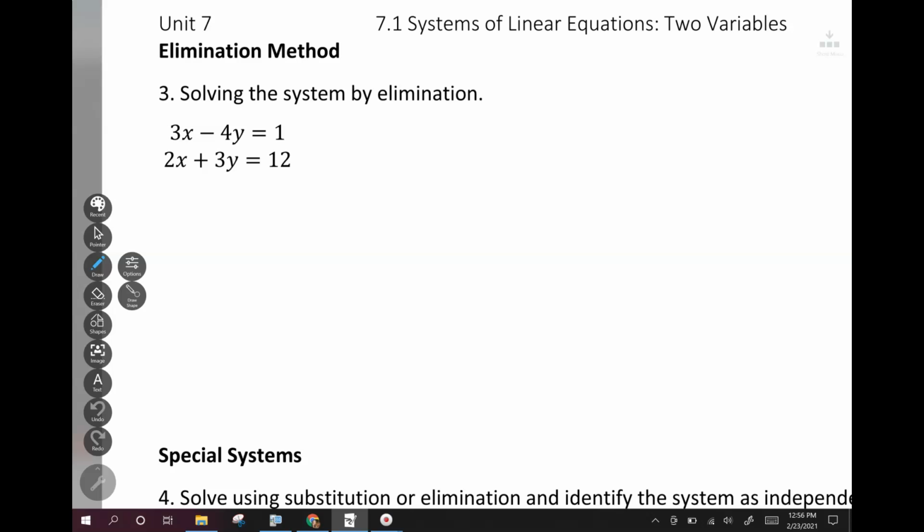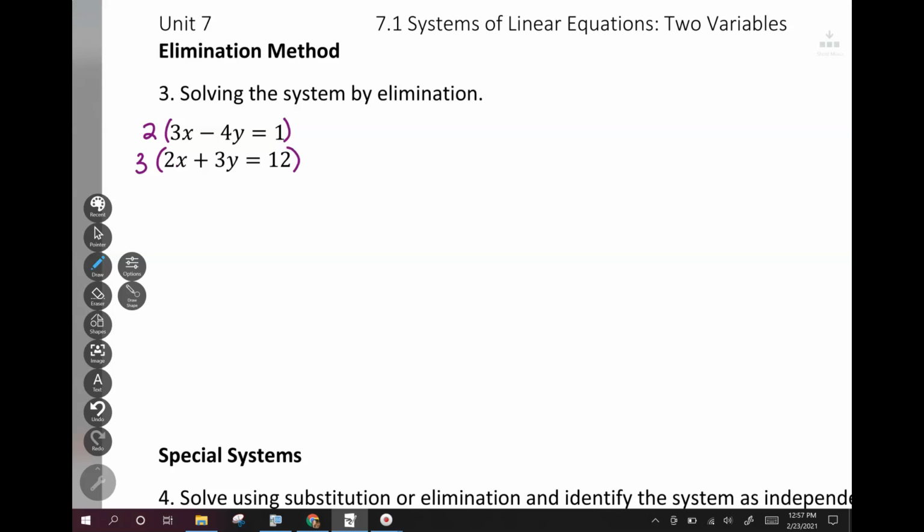To make one of the coefficients match, I could multiply the first equation by 2 and the second one by 3. That will make my coefficient on x match, because 2 times 3 is 6 and 3 times 2 is 6.